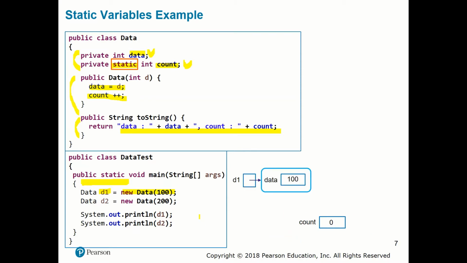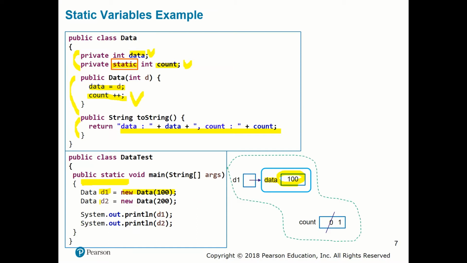Then D1 is created like this. D1 has the data member and the first value is 100. Then in the constructor, count is incremented by 1. So count becomes 1. So this is D1.